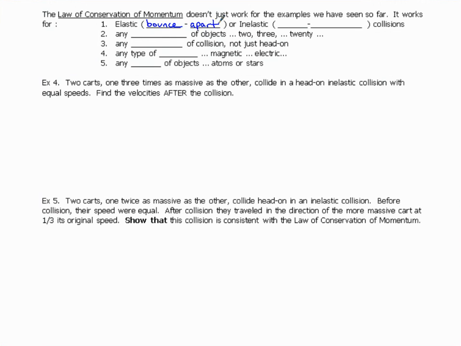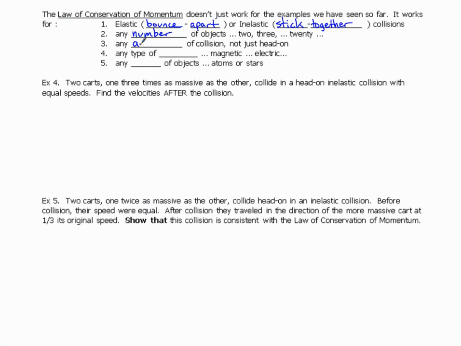It also works with inelastic collisions, which are what we've been working with. These are the ones where they hit and they stick together. It works with any number of objects, not just two. It works with 2, it works with 3, it works with 20, any number.